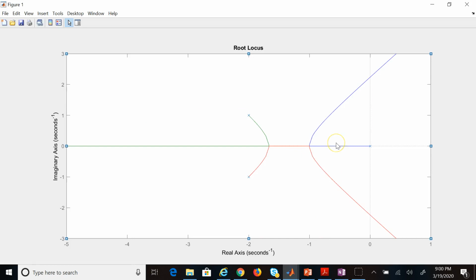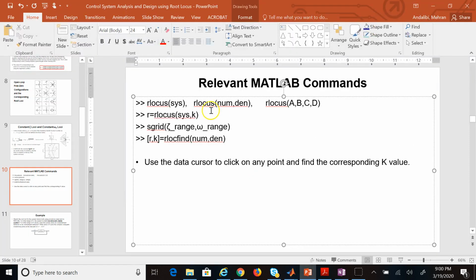So this was the root locus, right? This is the root locus. Now, in this example I don't need to, but if I need to add the locus of some omega values and some zeta, let's say some omega values of 0.5, 1, and 2, and some zetas, which are like 0.2, 0.5, and 0.8, all I need to do is to pass this command sgrid.